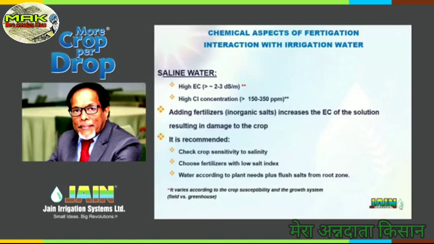Adding fertilizers, inorganic salts, increases the EC. Well, EC is already up. It is 2 to 3 deciSiemens per meter square. In other words, EC is more than 2 or 3. And into that, you are adding inorganic salt. Fertilizers are inorganic salts. What will happen? The EC of the solution will even damage the crop. So you have to be careful about it.